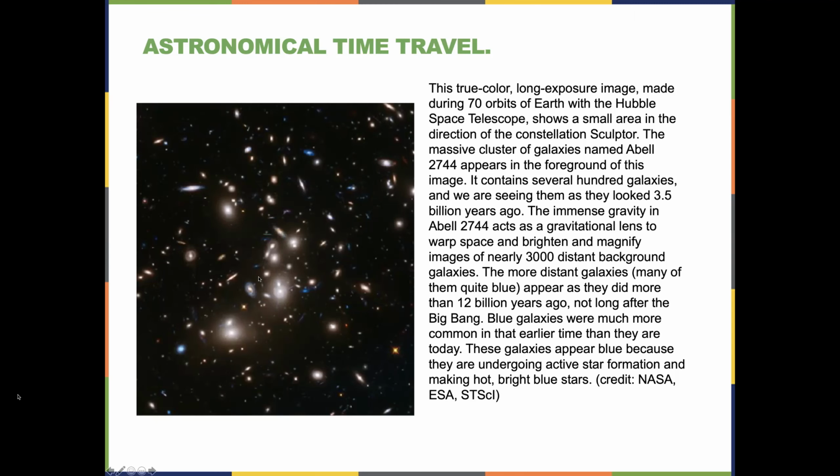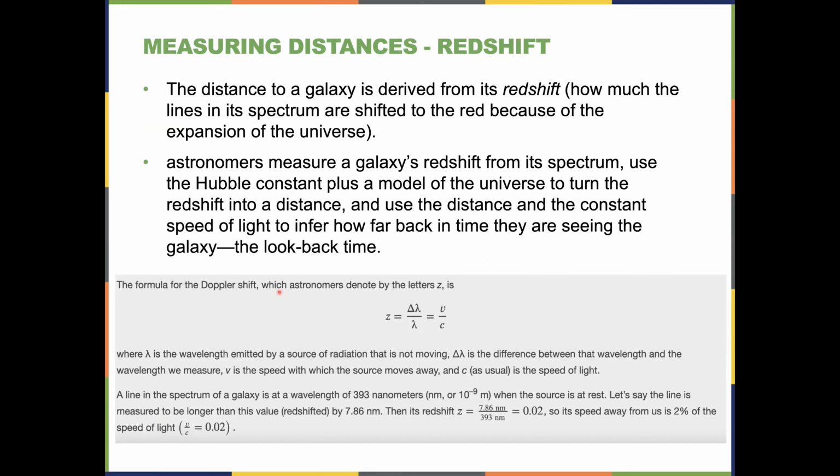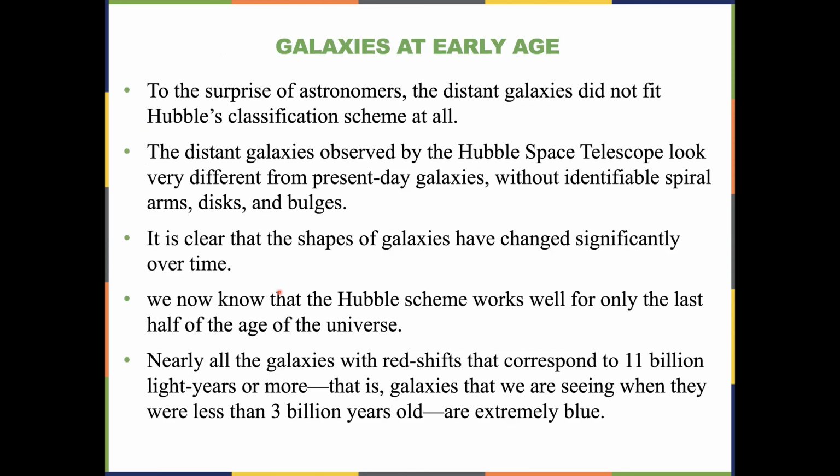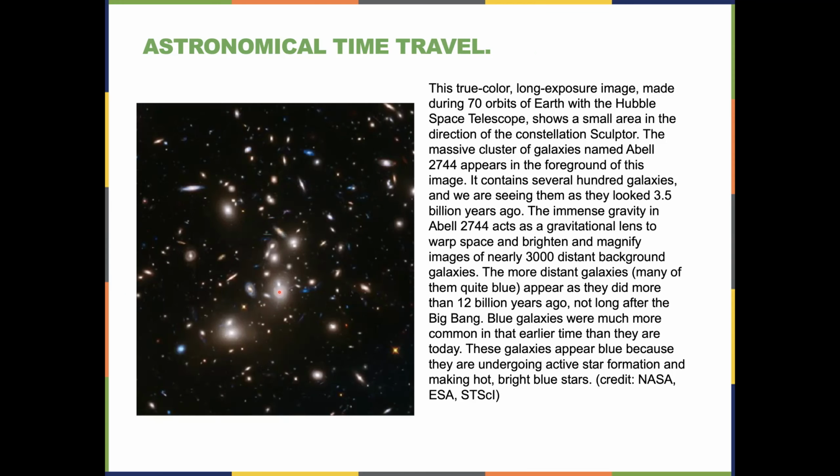And these images right here, let me take the laser pointer here. These whitish colored objects that you see here are actually galaxies that belong to this galaxy cluster, right?